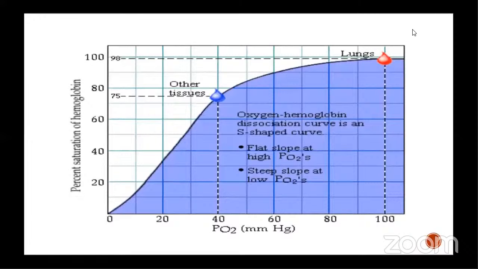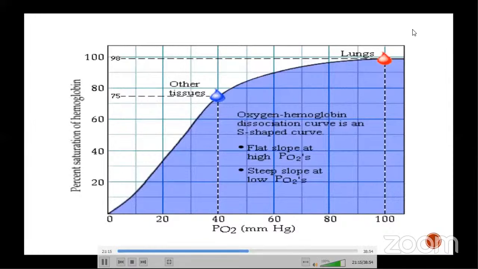Looking at the diagram, you'll understand that hemoglobin never gets fully saturated to 100%. Remember that some of the hemoglobin binds to carboxyhemoglobin, some binds to methemoglobin, so we rarely have up to 100% binding capacity.